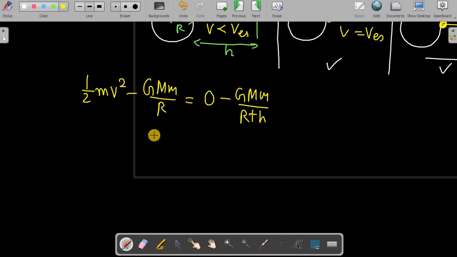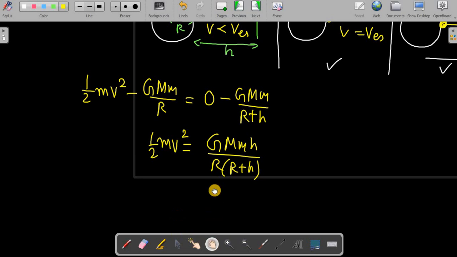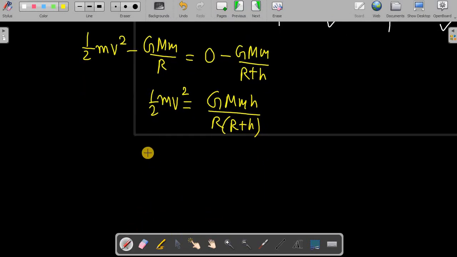So what do you get from here? Half m v square will become equal to GMm into h by (r plus h). Simplify this and you will be able to calculate h.